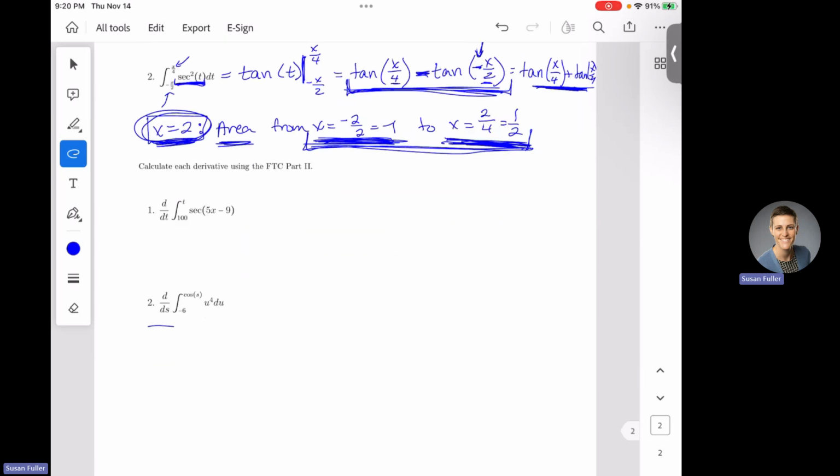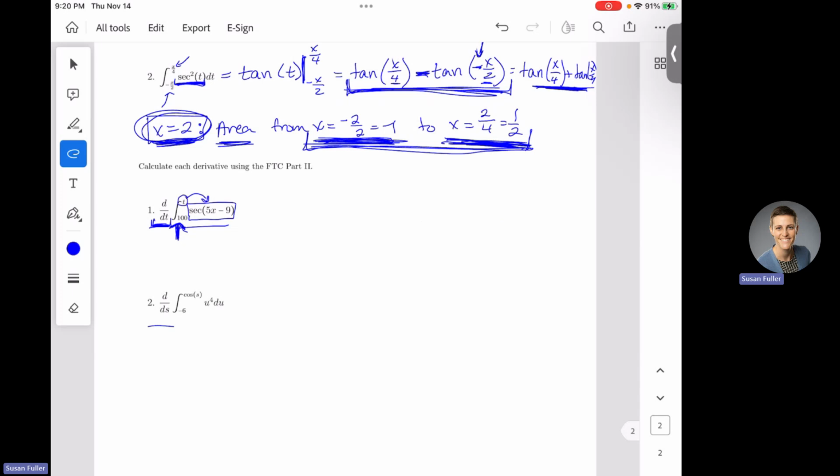Now, the other part of this is, what if I'm calculating the derivative of an integral? These are the things where you're asked to find a derivative of an integral. To find an integral, we use antiderivatives, so the derivative and the antiderivative are going to undo each other, and we're going to end up right back at the function that we started with, but with a variable swap.